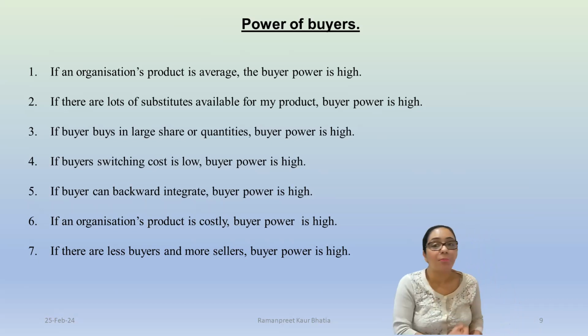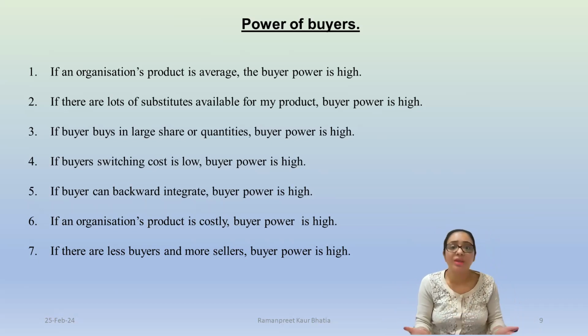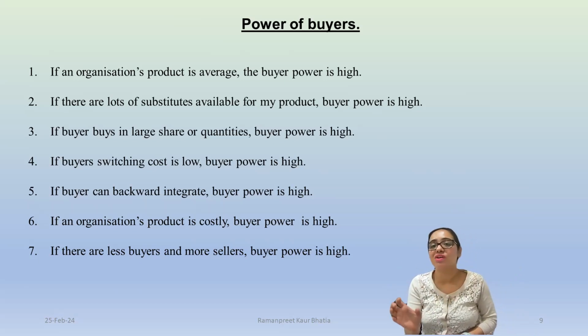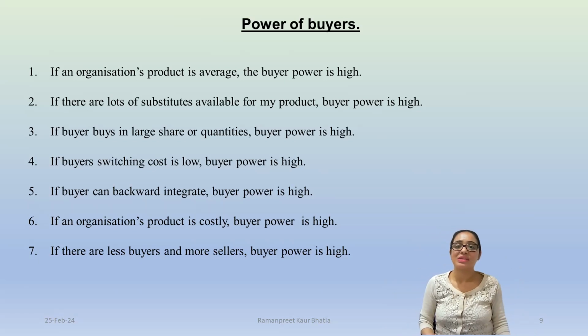That buyer is important for me. I cannot let go of that buyer. The power of buyer becomes high in that case. If the buyer buys a large share of my product, his power increases.